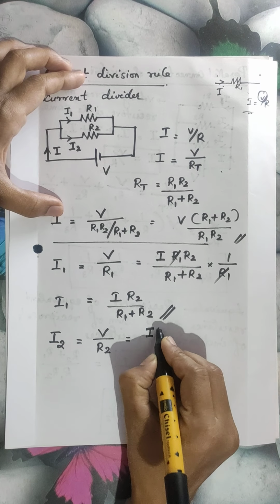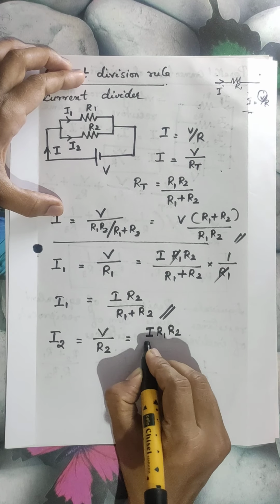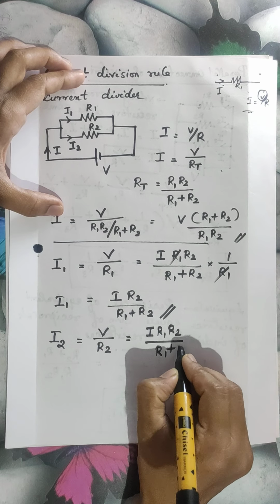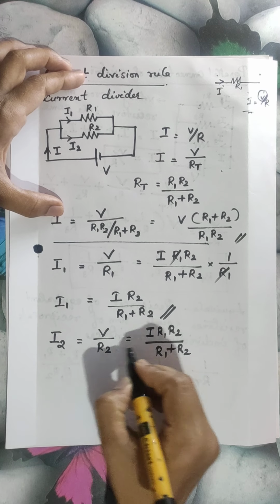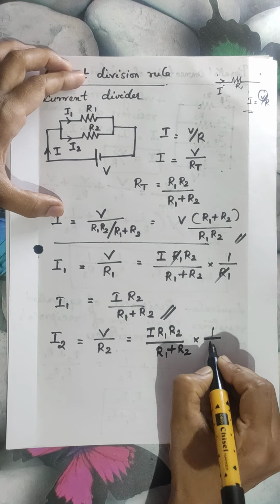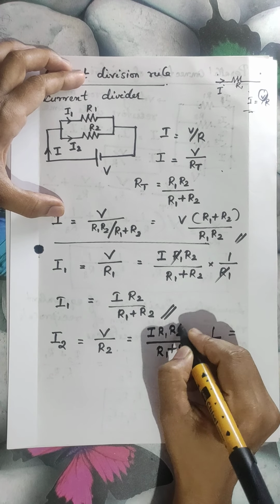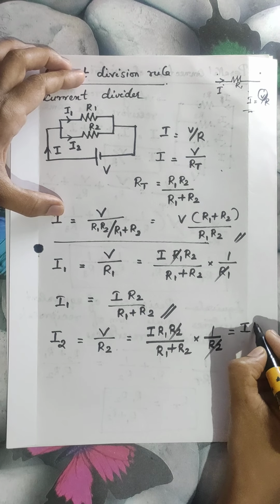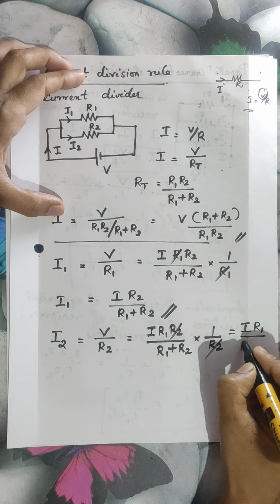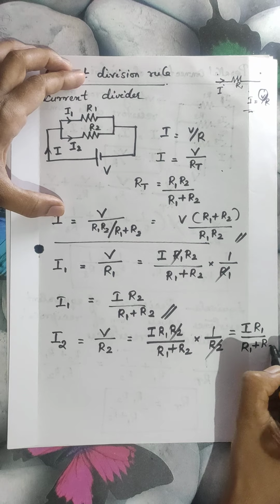So I into R1 R2 divided by R1 plus R2 into 1 by R2. So this becomes R2 and R2 get cancelled. I into R1 divided by R1 plus R2.